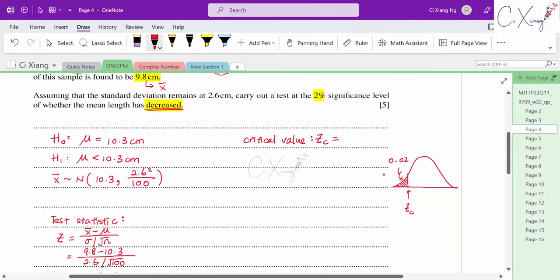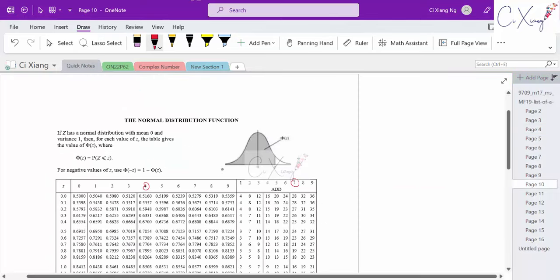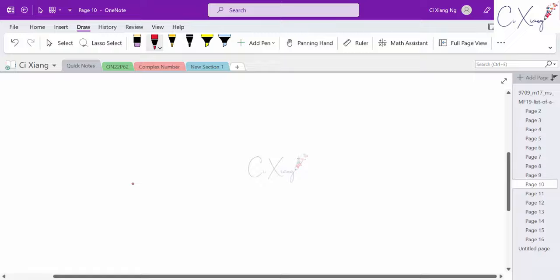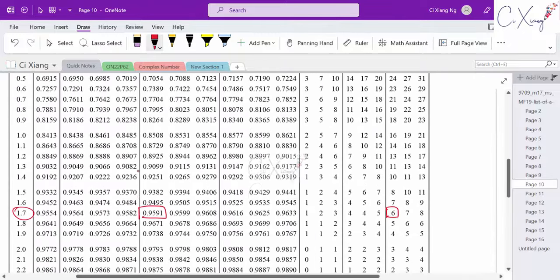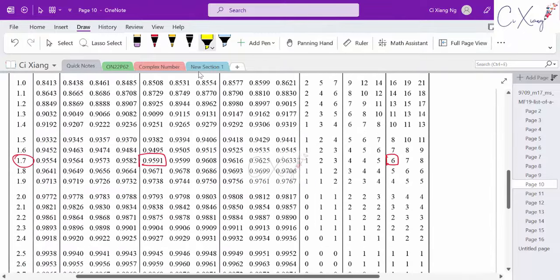Alright, so to find the critical value, instead of using the area 0.02, I will need to look for the area which is 0.98. So let's have a look for 0.98, which will be the probability. I will look inside the table for one value which is very close to 0.98 but lower than it. So this is the value 0.9798.